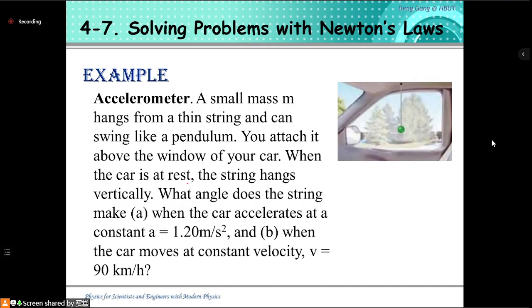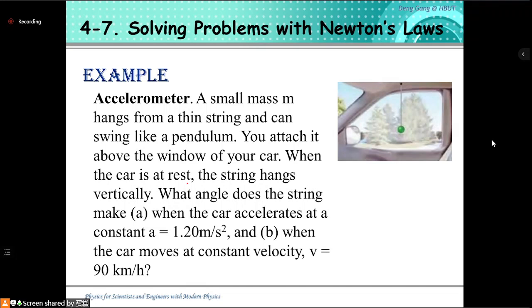You can attach it above the window of your car. When the car is at rest, the string hangs vertically. What angle does the string make when the car accelerates at constant acceleration a = 1.20 m/s²? And when the car moves at constant velocity v = 90 km/h?